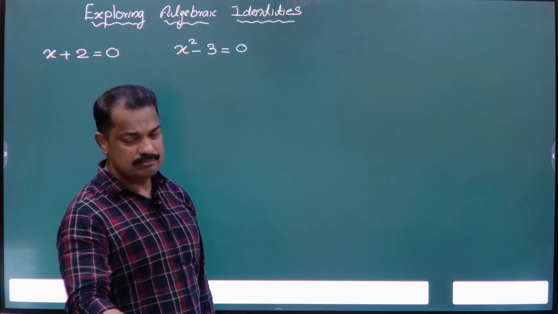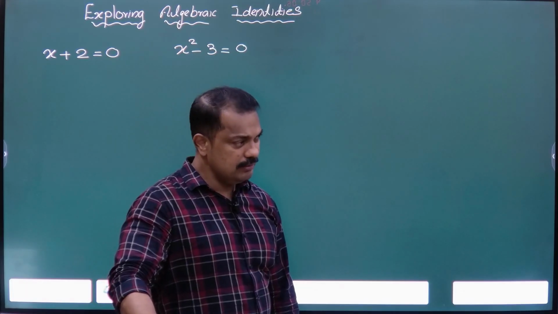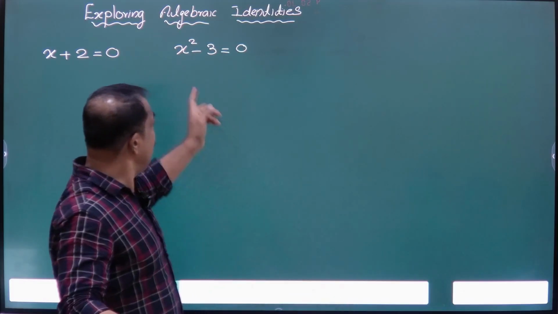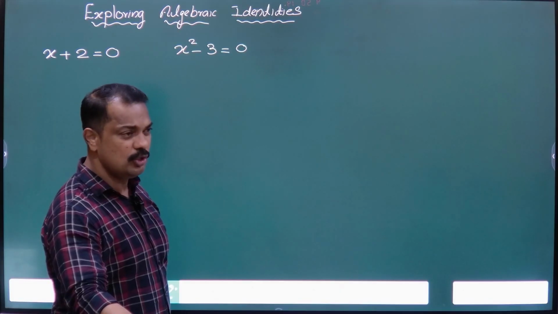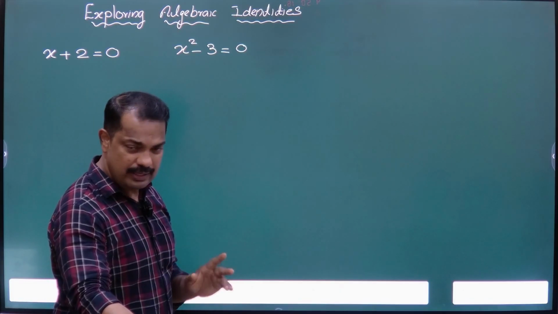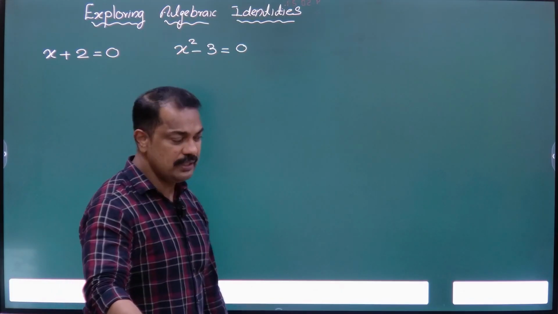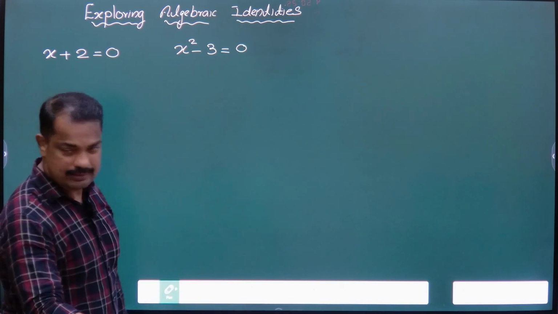Minus root 3: minus root 3 squared is 3, 3 minus 3 is 0. It is also true. Put x equal to 5. Not true, false. So not true for all values. Here it is true for only two values, root 3 and minus root 3. So it is not an identity.